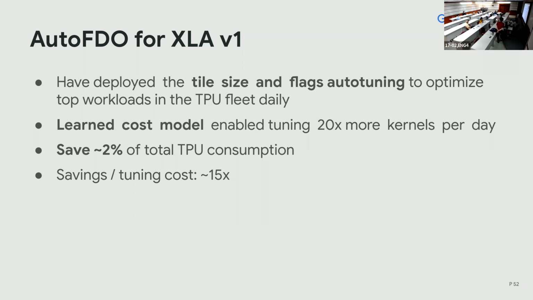Another question. I actually have one question about the earlier slides where the heuristic is better than your model. Do you have any comment on that? Is it the cost model? Yeah, the cost model. Yeah, just the evaluation.